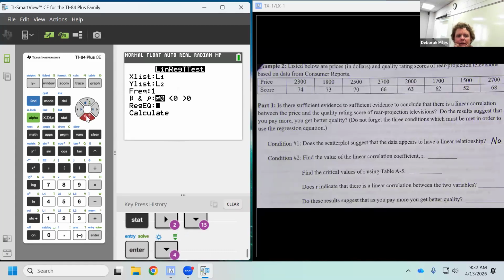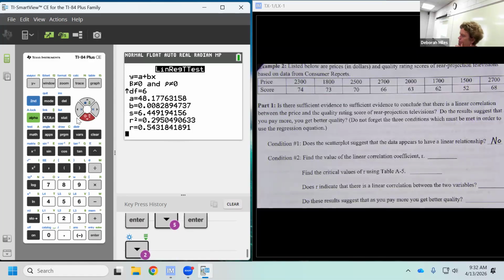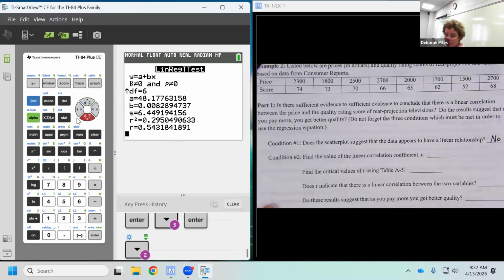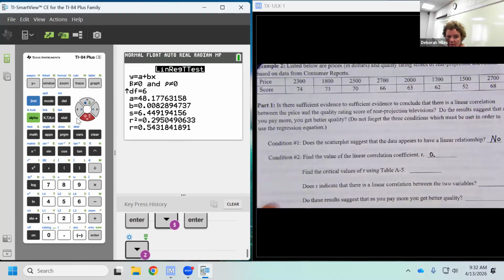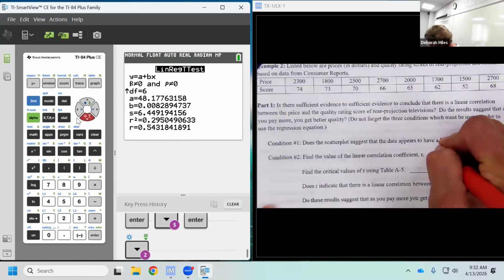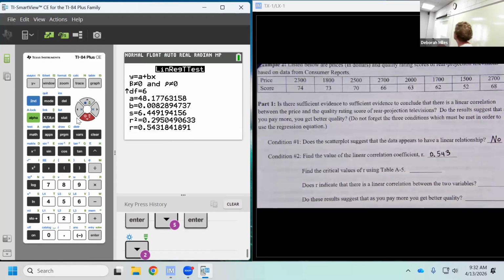So all I have to do is go down to calculate and then scroll down far enough to see R. To 3 decimal places, it's 0.543. And 3 decimal places is a good number to round to, because all of my critical values on table A5 are to 3 decimal places.